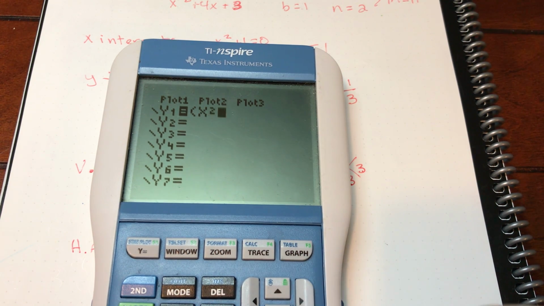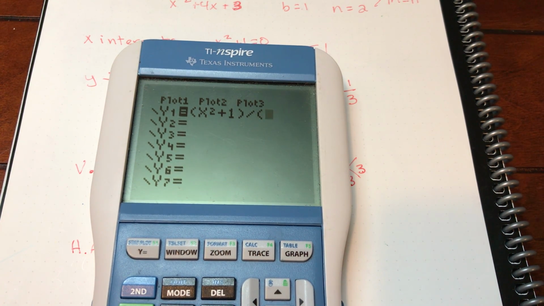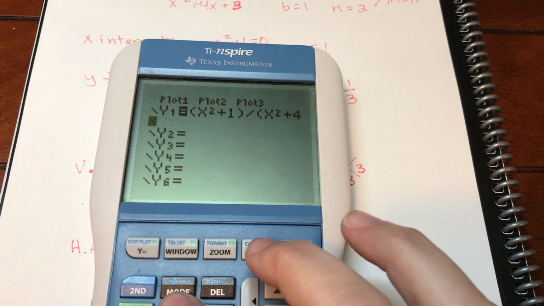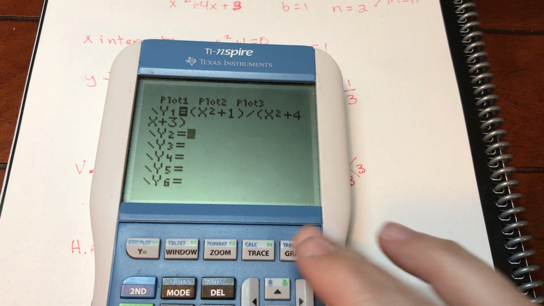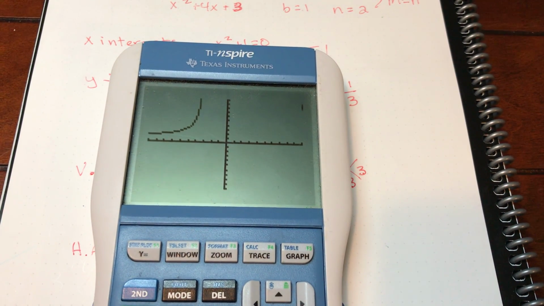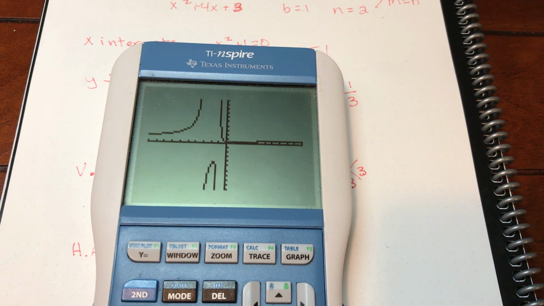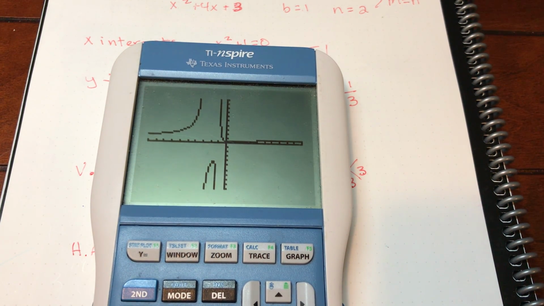So x squared plus 1 divided by x squared plus 4x plus 3. And alright, so that one is super weird.